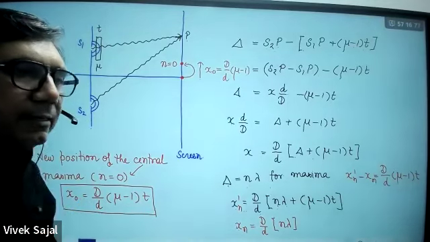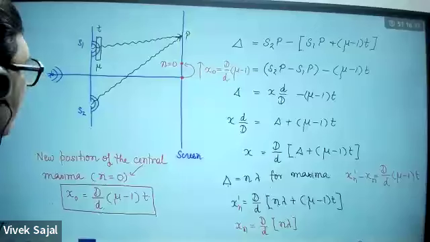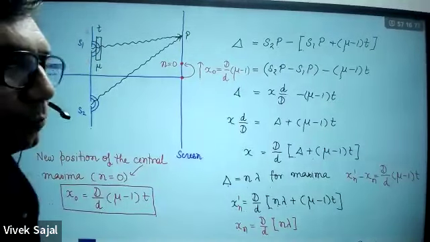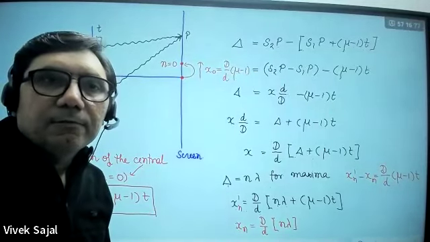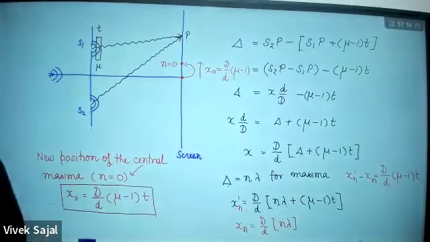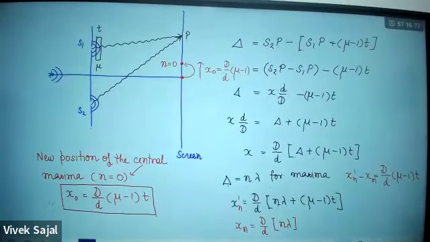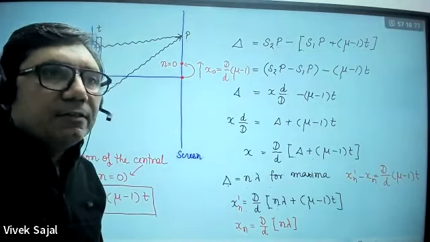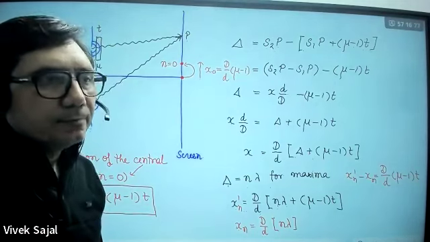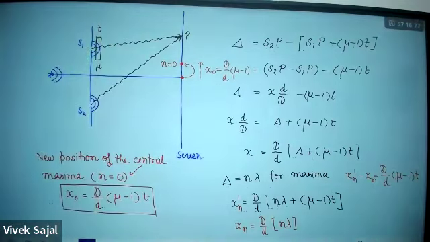In the next line, please write, if the glass plate is introduced in front of slit S2, then all the fringes will shift in the downward direction.